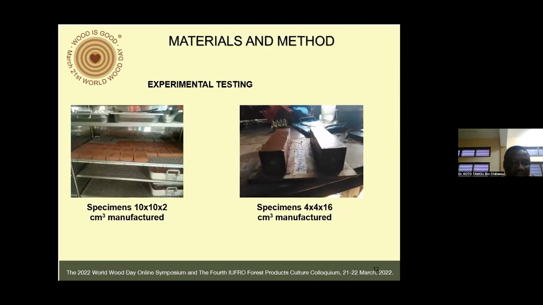The brick test specimens are made from the formulated mixture, molded without compaction in molds of dimensions 10 by 10 by 2 cubic centimeters and 4 by 4 by 16 cubic centimeters, then dried in the open air in a closed enclosure in which the temperature is controlled.